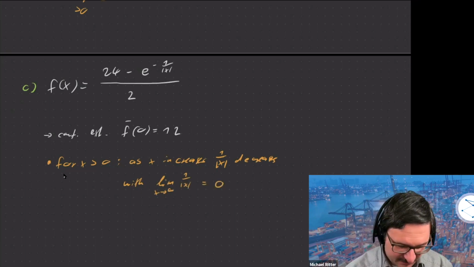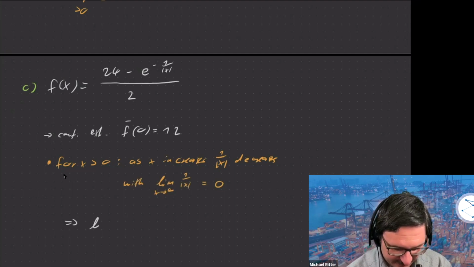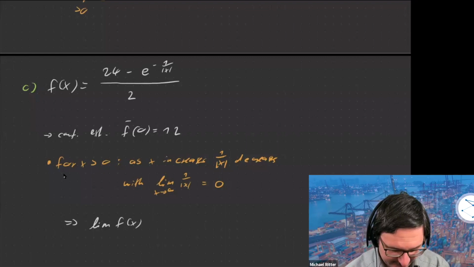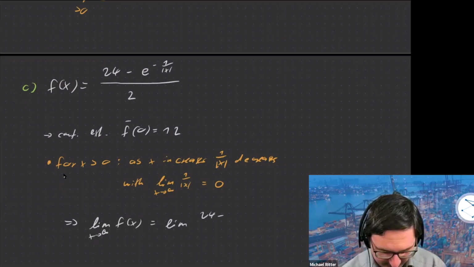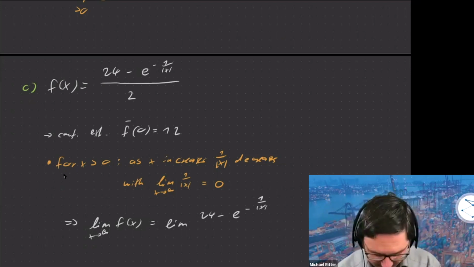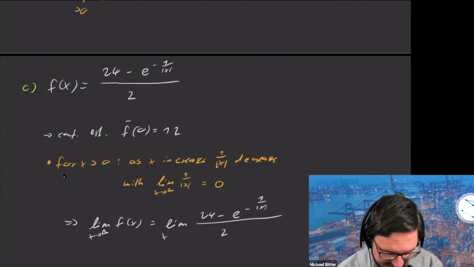And that means we can easily compute the limit of f of x for x to infinity, because that is simply the limit of 24 minus e to the power of minus 1 over x, divided by 2, for x to infinity.